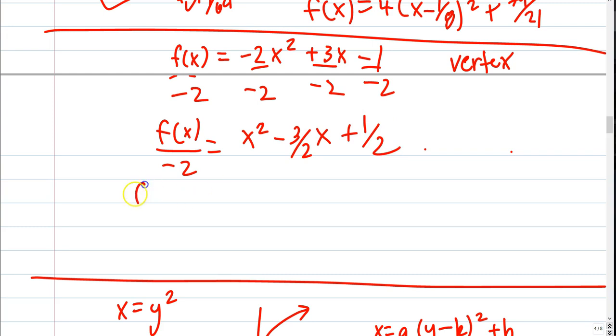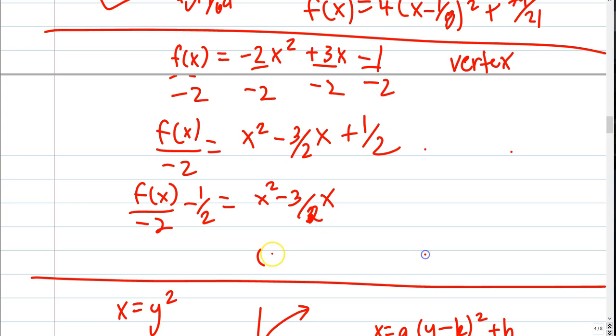Move the 1/2. Okay. Complete the square. X minus half of 3/2 would be 3/4. Bring that up. That gives me 9/16.